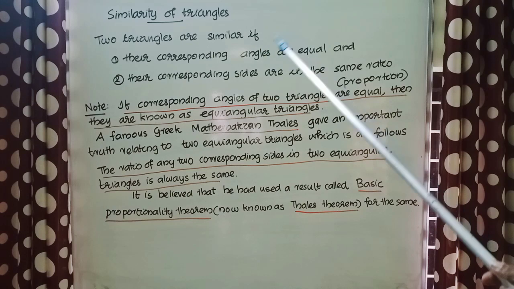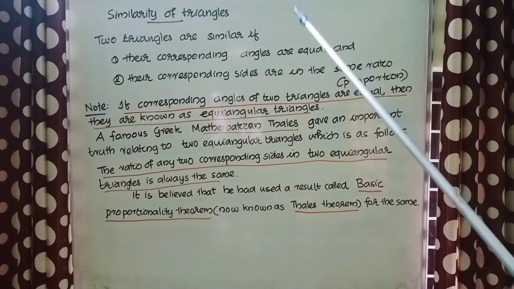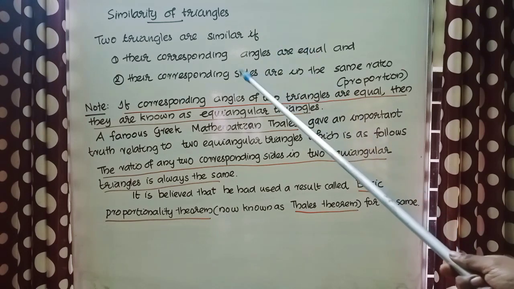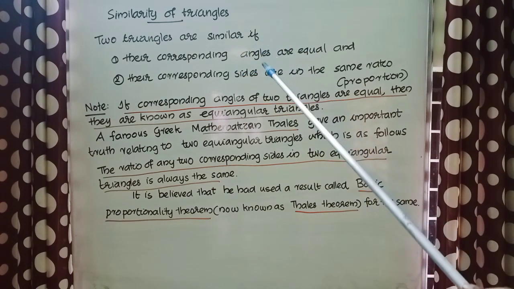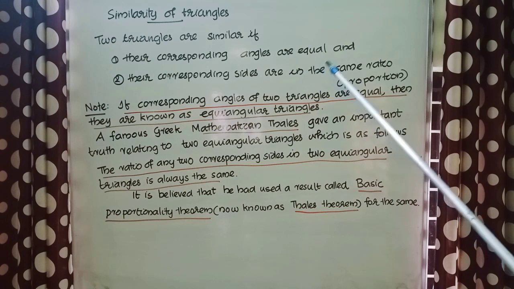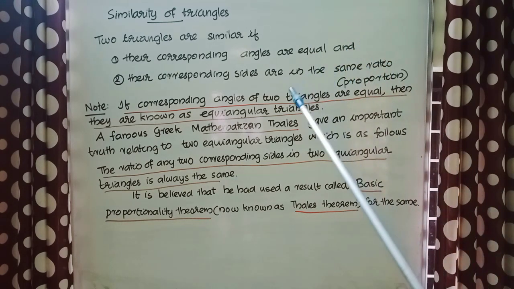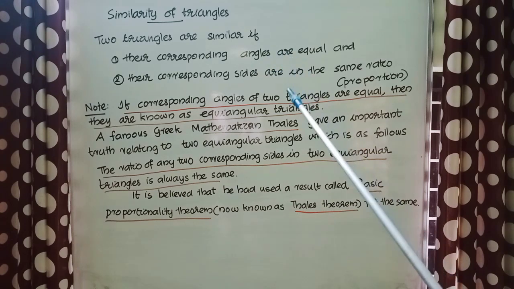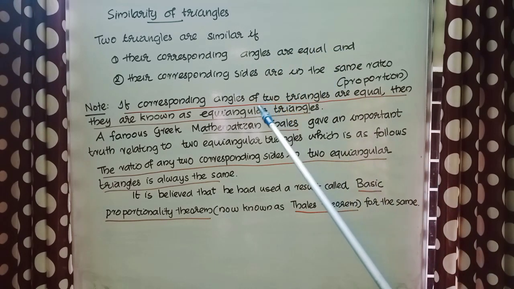There are three angles and those three corresponding angles should be equal. And the second condition is their corresponding sides are in the same ratio. The ratio of their corresponding sides should be equal.